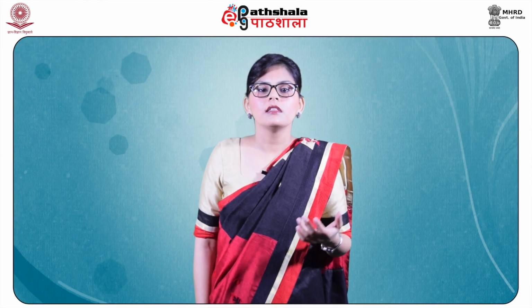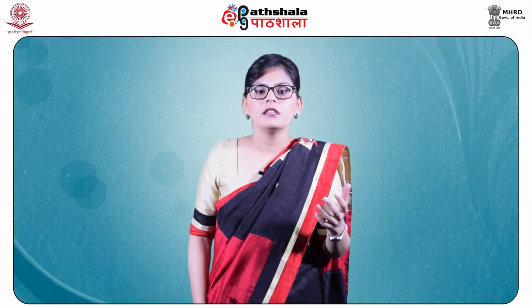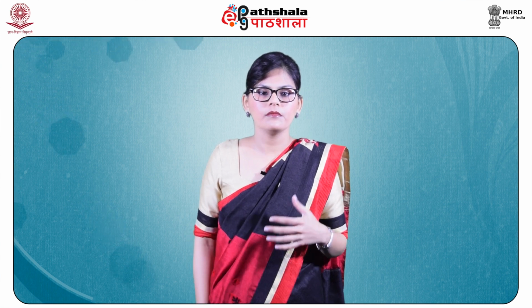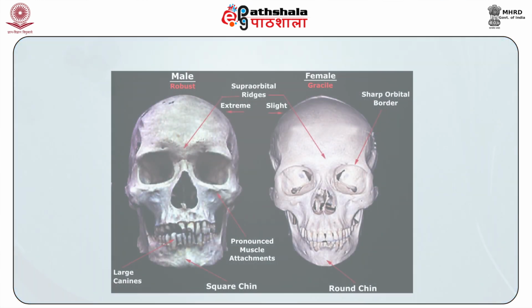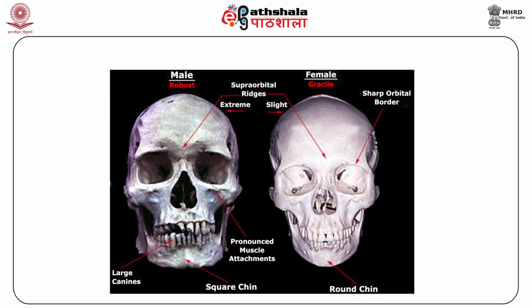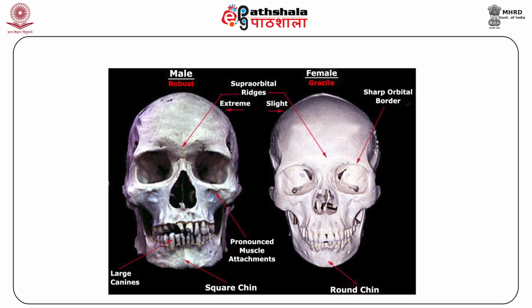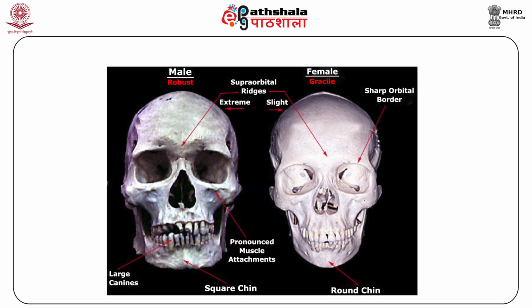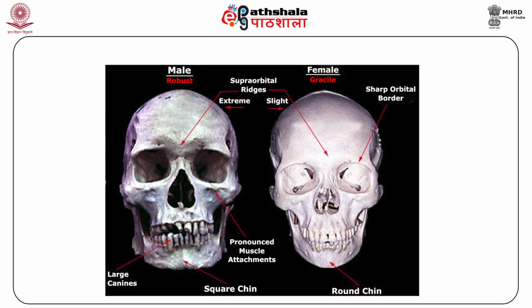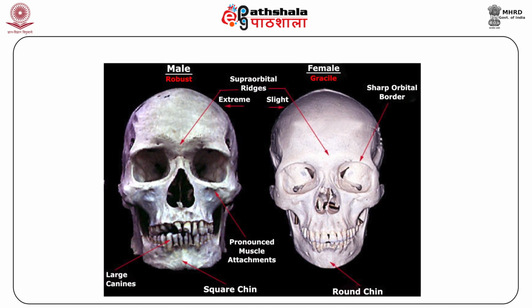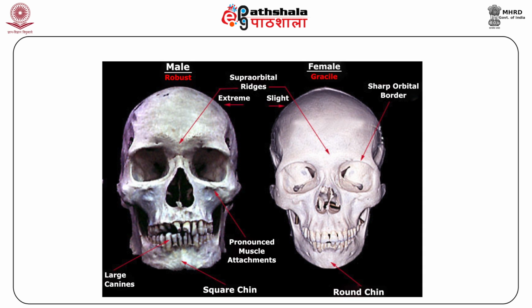Students, now we are seeing the male and female skull. The basic difference is shown in the image. As you can see in the image, the male skull is heavier and bigger, whereas the female skull is lighter and smaller.